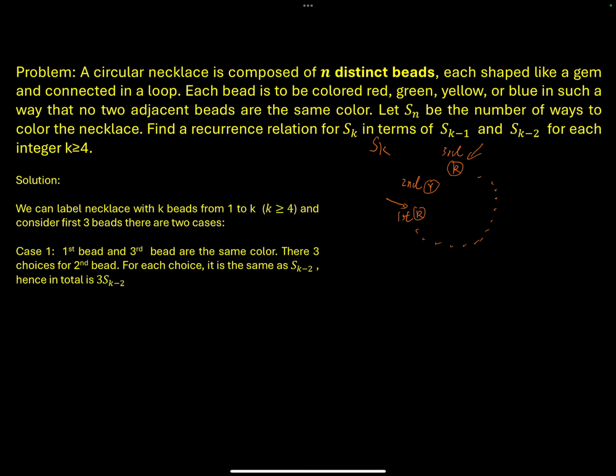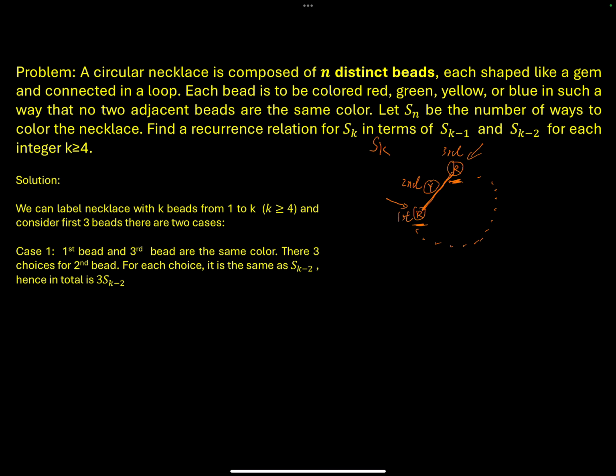For this particular choice, we color the first and third as red, and the second bean yellow. Because the first and third colors are the same, we can imagine merging these 2 beans together. Then you will find it's a similar problem to Sk minus 2.